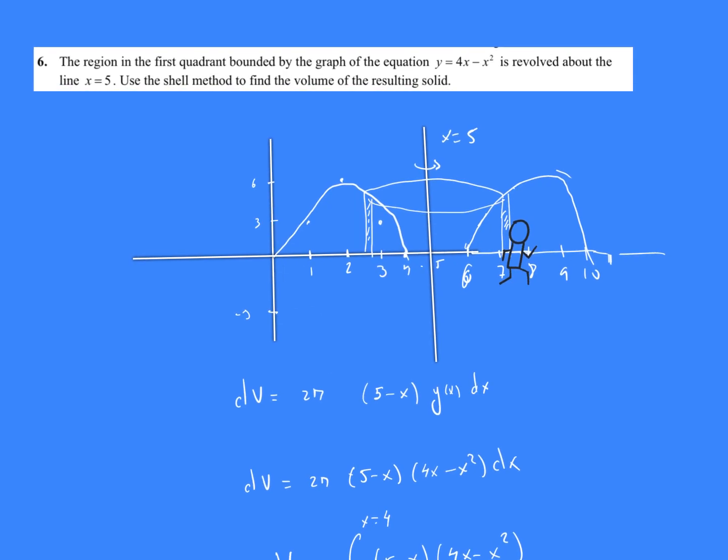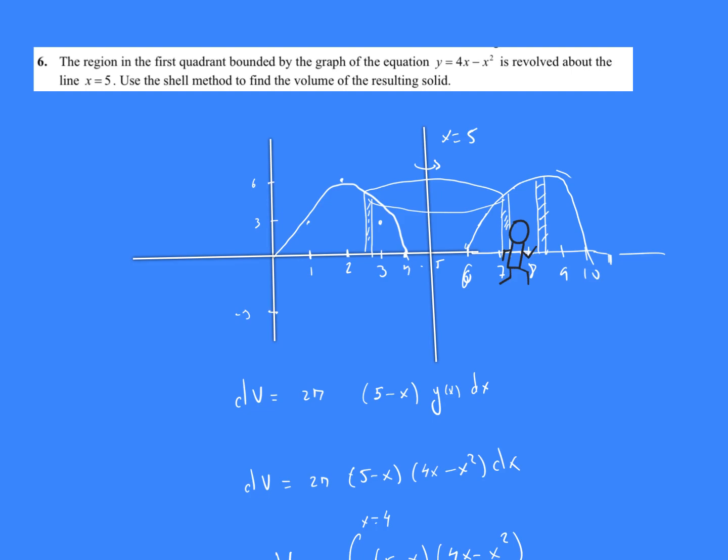So I'm summing all the volumes that this guy will generate, and I will construct the volume of the figure resulting by revolving the function through the y-axis by summing individual volumes.